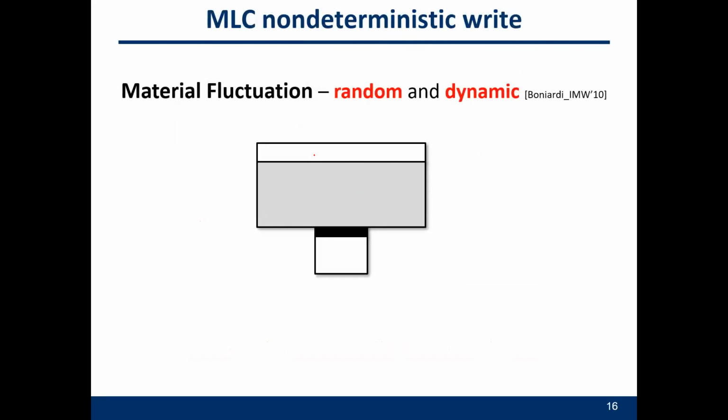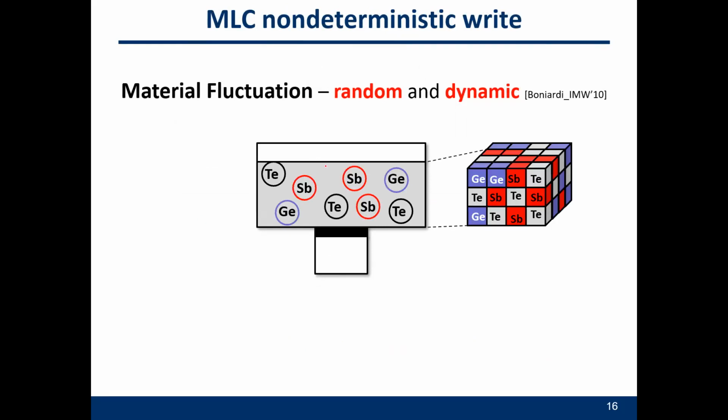So there is another very interesting characteristic of the cell. The phase change material is actually a chemical alloy. You have tellurium, germanium, and antimony. The distribution of these elements in the alloy is not uniform. Some portions have more antimony.